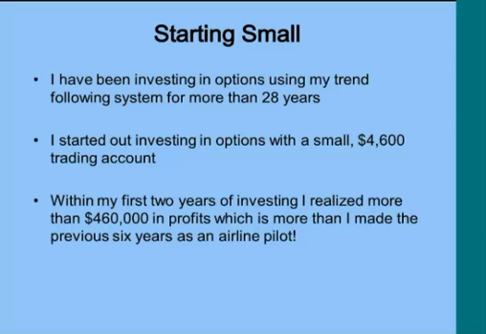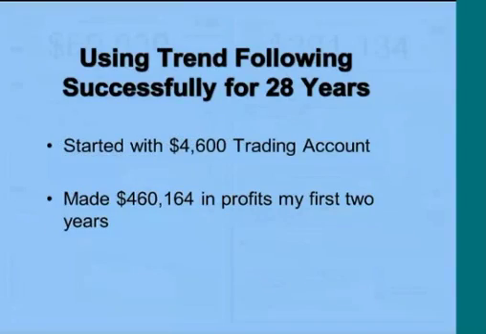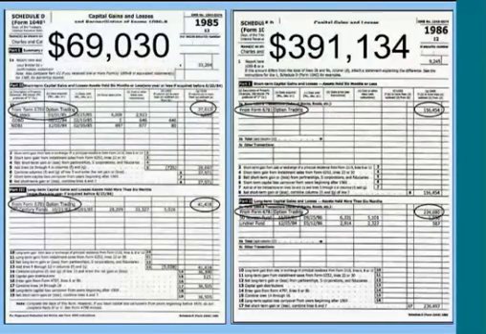But within my first 2 years of investing, I realized more than $460,000 in profits, starting with that $4,600 trading account. And here are some snapshots of those first 2 years of option trading, where I made over $460,000.